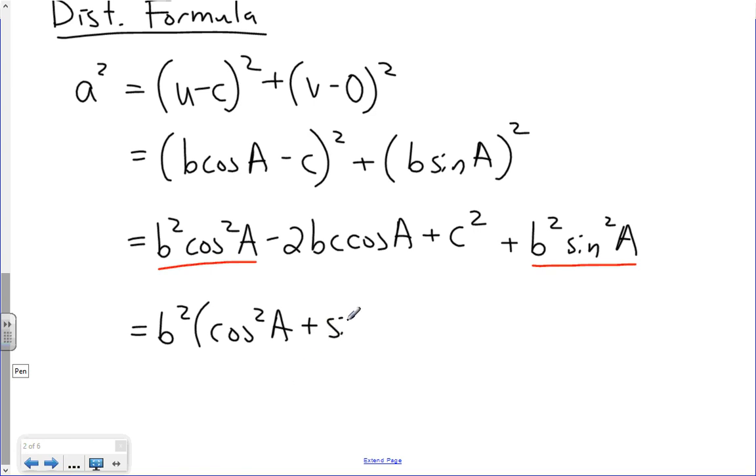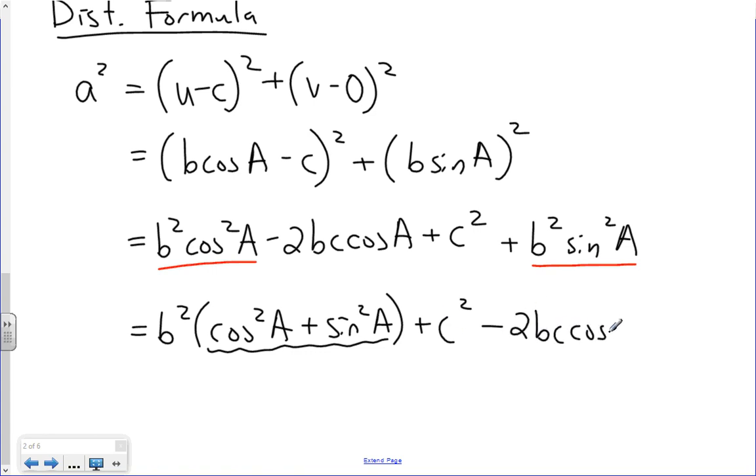When I factor out the b squared from b squared sine squared of A, I'll end up with this. That turns out to be pretty nice. This cosine squared plus sine squared looks like a nice little property we know. Let's put the c squared term next, and then we'll put the minus 2bc cosine of A at the end.